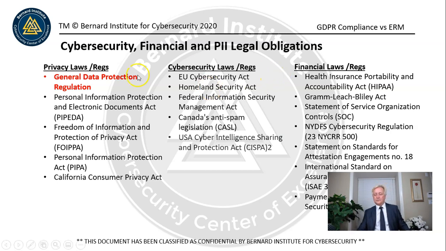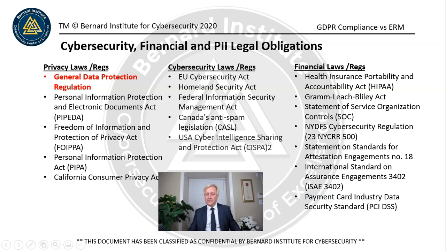And for many decades, before cybersecurity and privacy was an issue, we've had lots of other regulations and laws that help protect information. We've had the Health Insurance Portability and Accountability Act. This act and CASL have generated so many fines to commercial organizations. They really are the teeth of information protection. The Gramm-Leach-Bliley Act, the Statement on Standards for Attestation Engagements for service organizations.